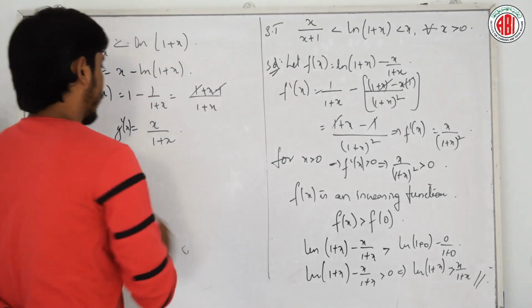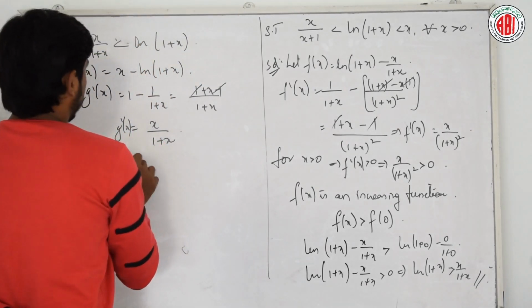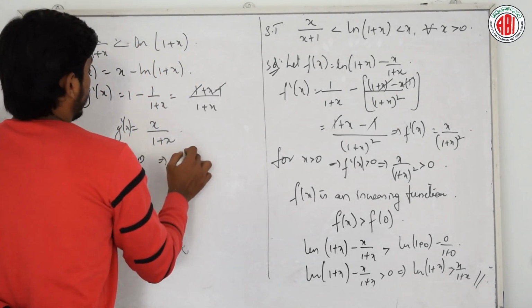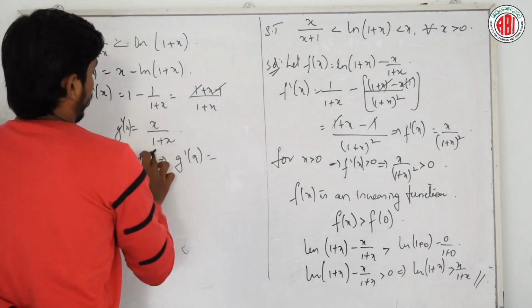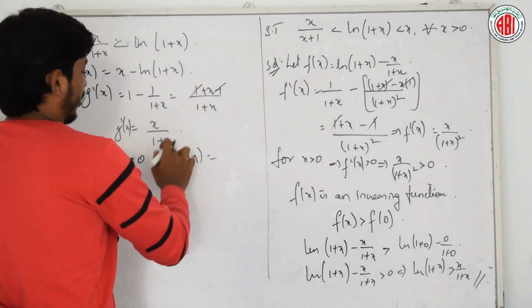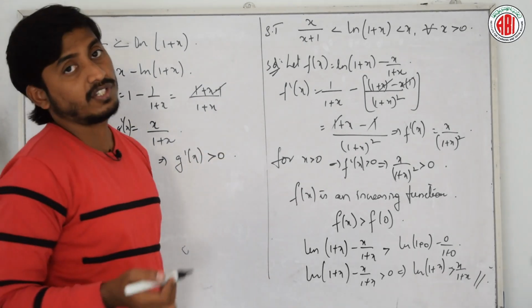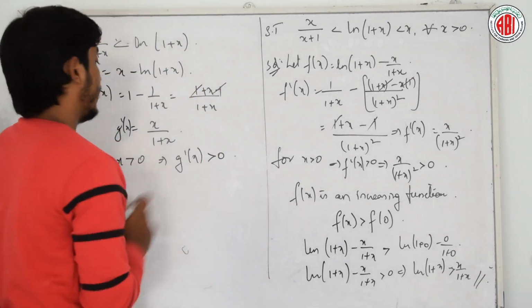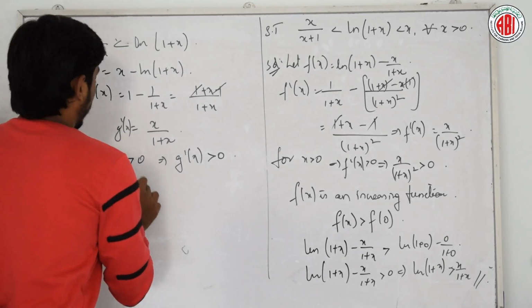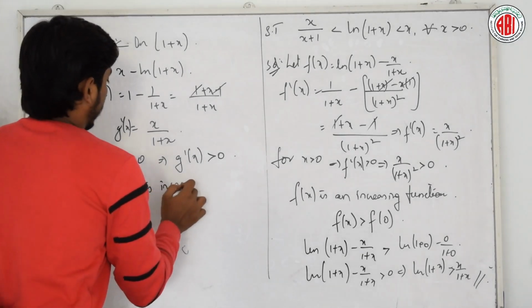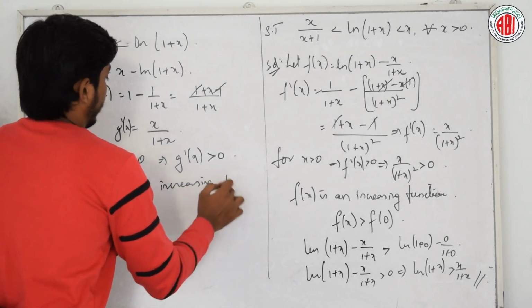Here also for x greater than 0, this is some positive value divided by some positive value, obviously greater than 0. Therefore, g of x is also an increasing function.